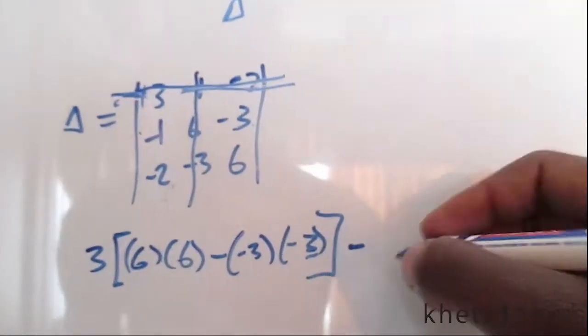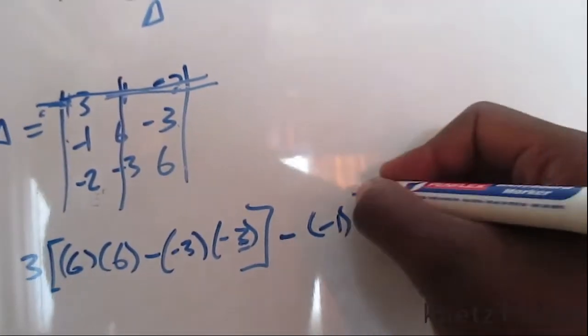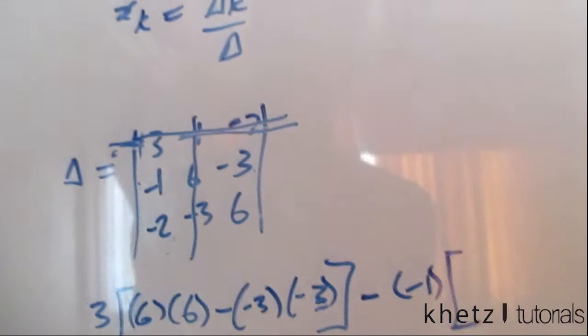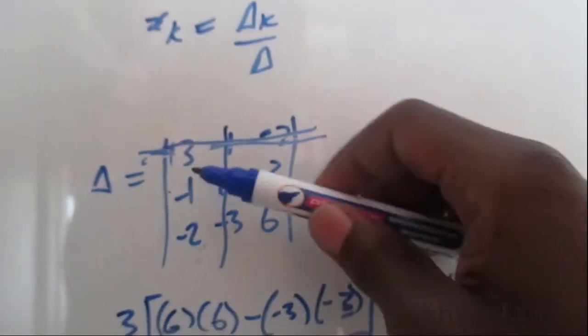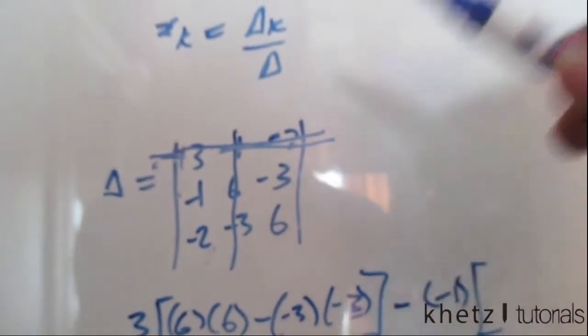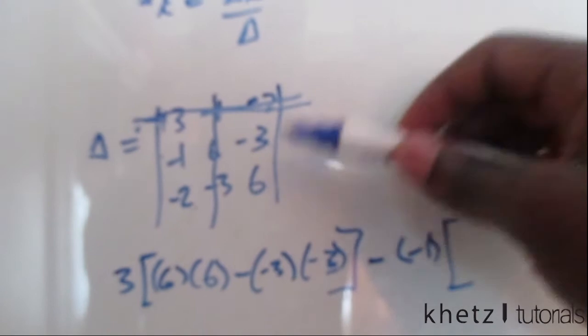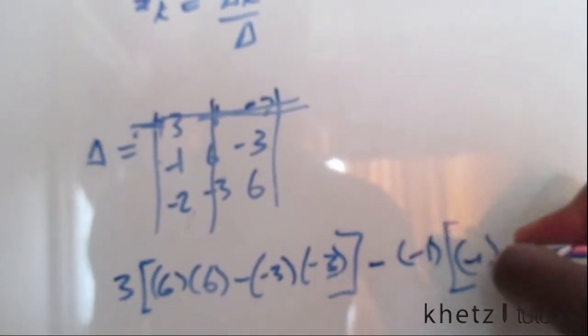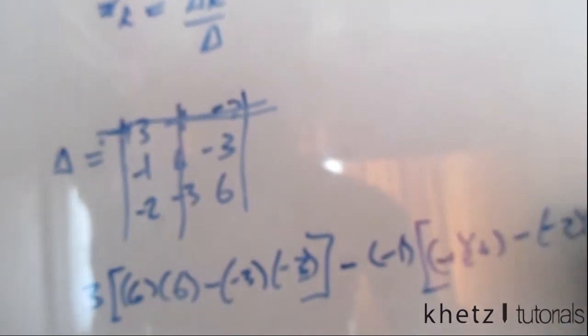So you write negative 1 down. And now you look at the 2 by 2 matrix formed by crossing out: -1, -2, -3, and 6. So the determinant of that will be -1 multiplied by 6, and then minus negative 3 multiplied by negative 2.